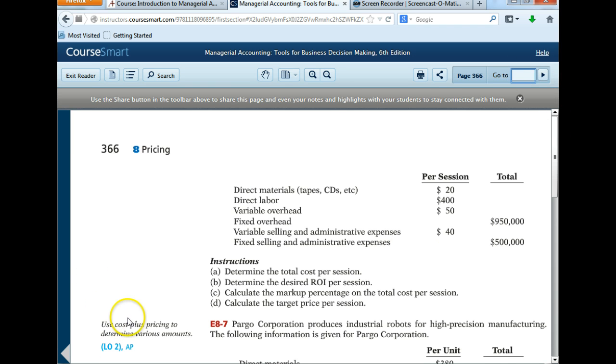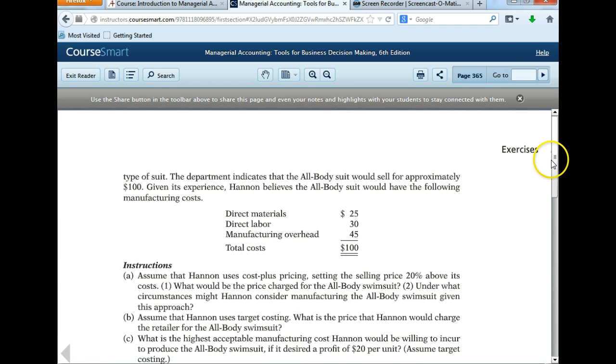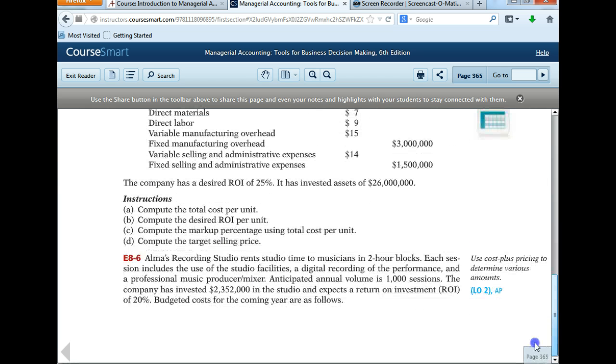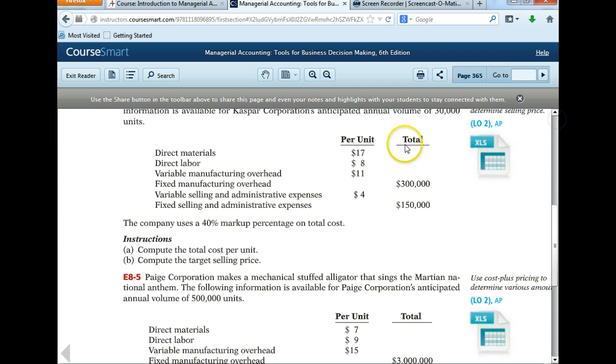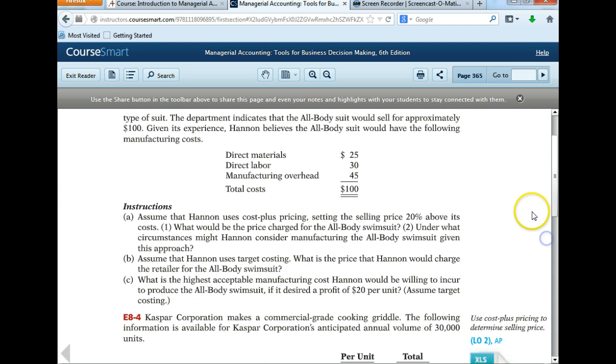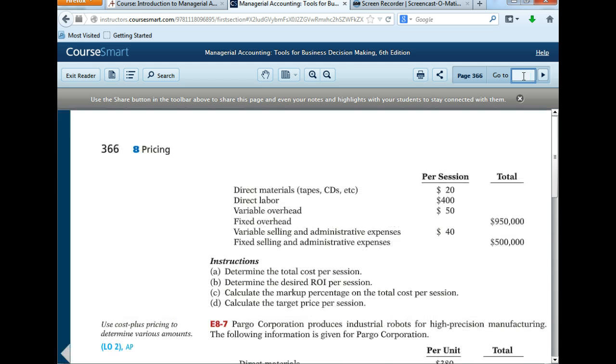Here, I just want to read this again, so I know what I'm doing. Our direct materials are 20. Our direct labor's 400. Our variable overhead's 50.